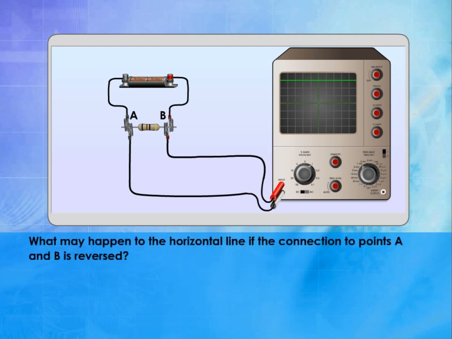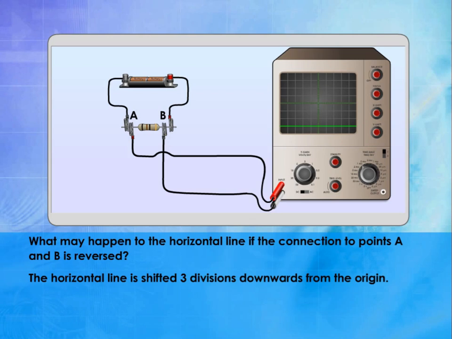What may happen to the horizontal line if the connection to points A and B is reversed? The horizontal line is shifted 3 divisions downwards from the origin.